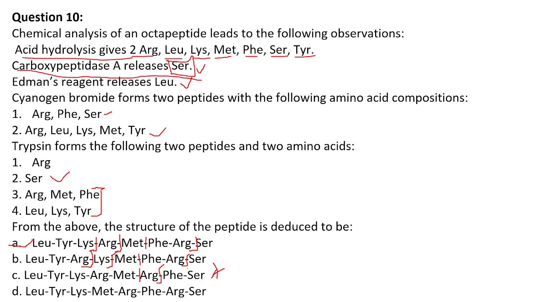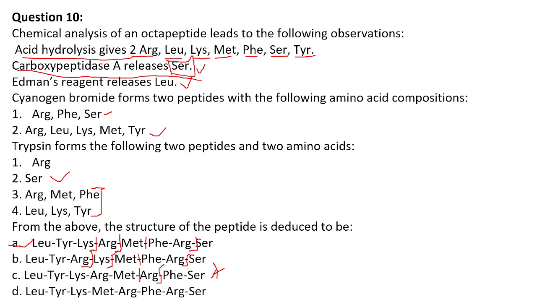Okay. So next question. It's a very interesting question. If you pay attention, you'll enjoy solving this question. Chemical analysis of an octapeptide leads to the following observations. We have an octapeptide, and we are going to do a chemical analysis of it.